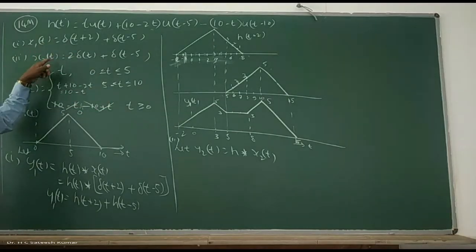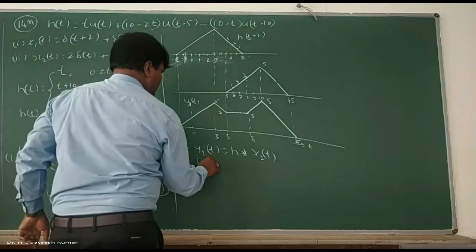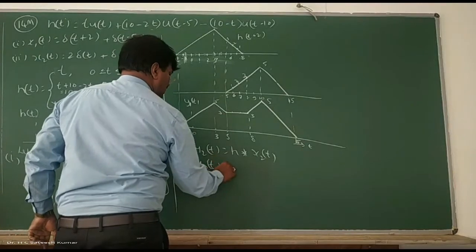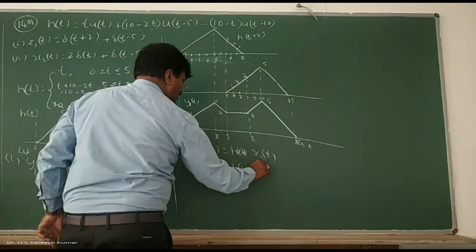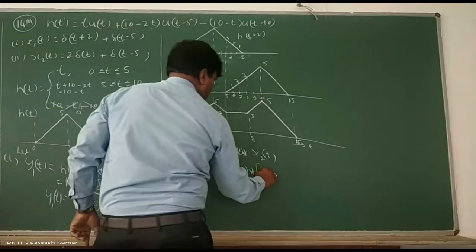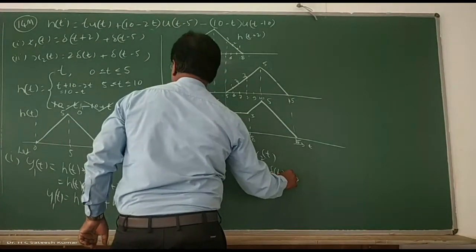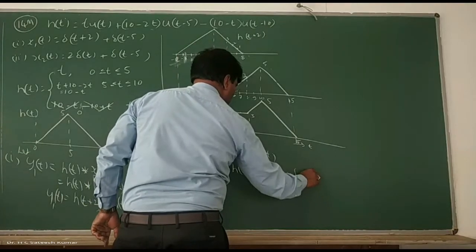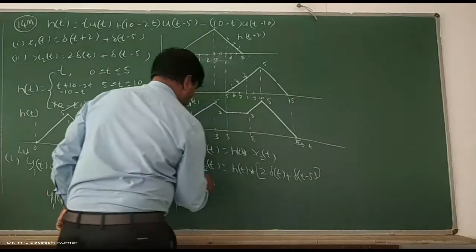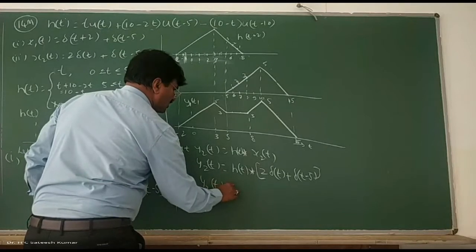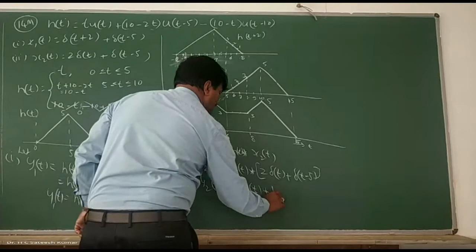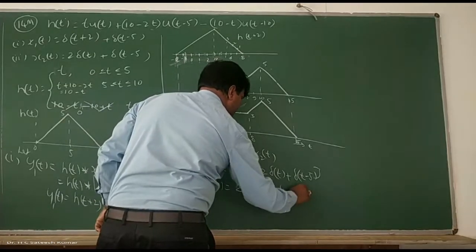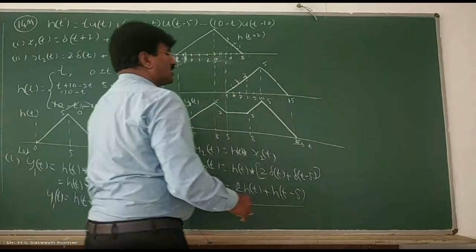Next, for the second input, what is the output he is asking? 2 delta of t plus delta of t minus 5. So y2 of t is equal to h of t convolved with 2 delta of t plus delta of t minus 5, which is equal to 2h of t plus h of t minus 5.